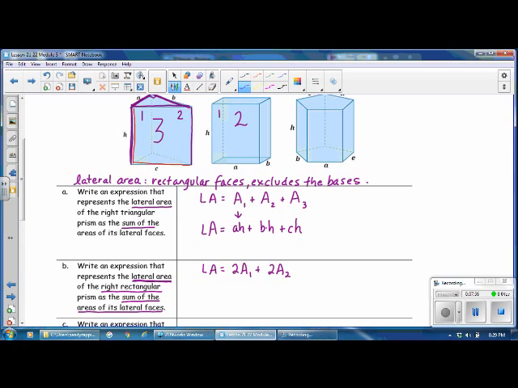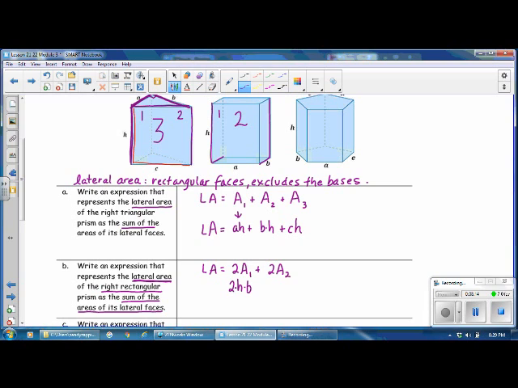Then we know that those are rectangles. So we have the dimensions of the rectangle on the left, that is the height times B. So we have height times B, and we have 2 of those.